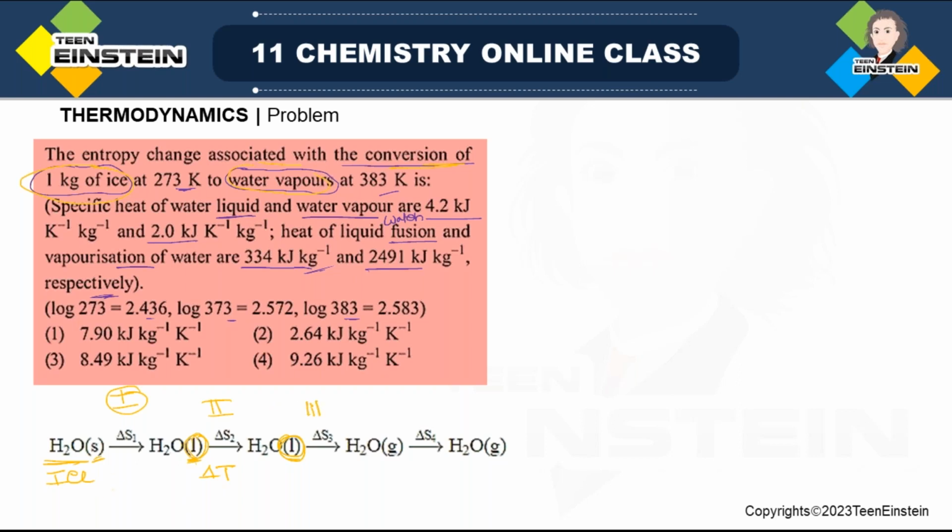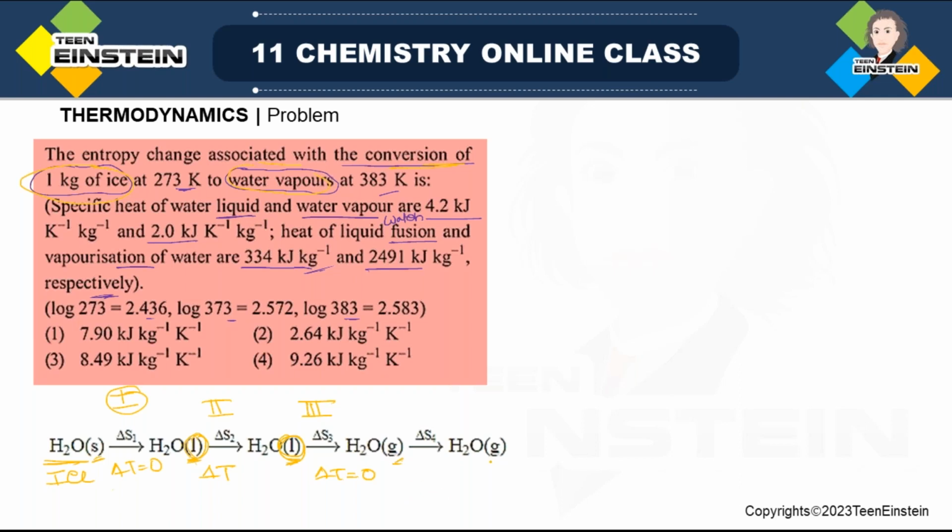Now come to the third step. Here the entropy change is del S3, and in this case from liquid water we are converting to gaseous water. So here the physical state is not the same. From liquid you are now moving to gaseous form. Now we have to provide some heat, but remember here del T is equal to 0. There is no change in temperature.